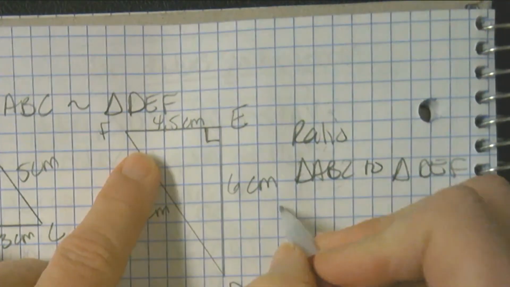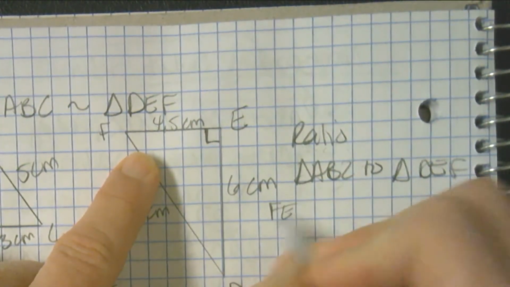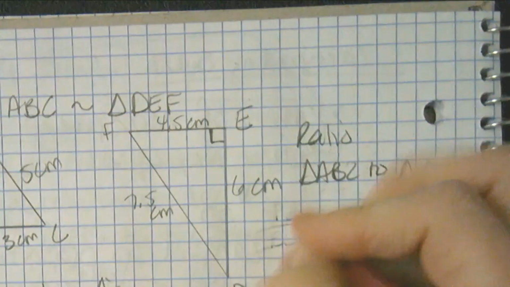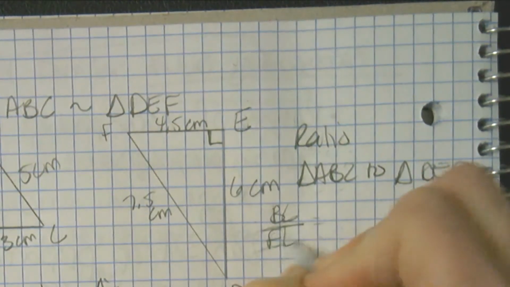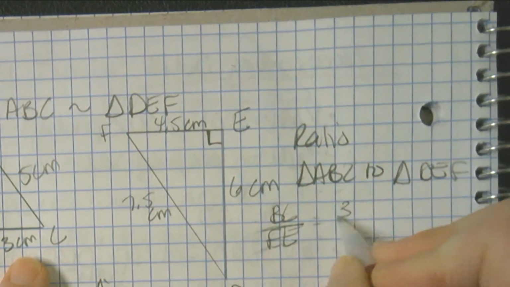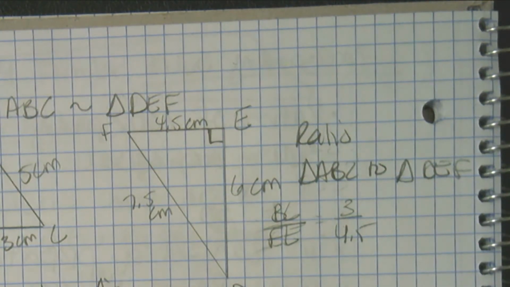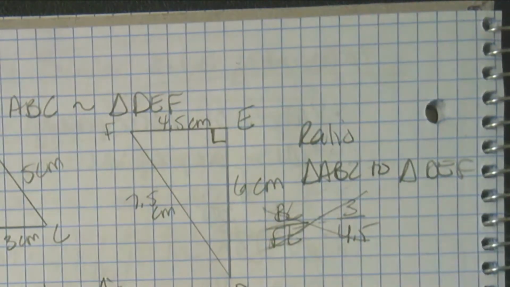If I use my FE over BC, oopsie, other way, BC over FE, this is going to end up being 3 over 4.5. That's ugly. I can't have a decimal in my fraction, so I don't want to use that one.